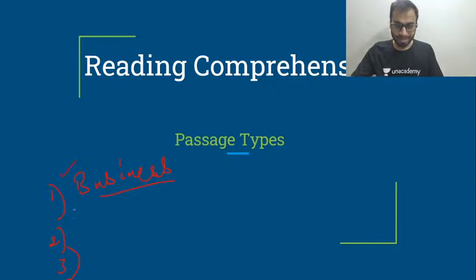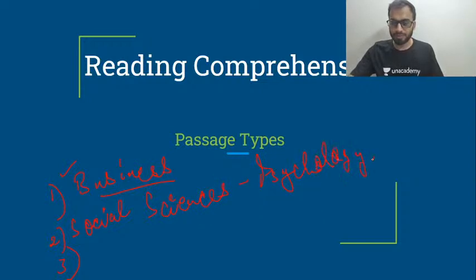That is what you can expect. Then there are passages that cover all kinds of social sciences, stuff like psychology, sociology, anthropology, philosophy, and the likes.